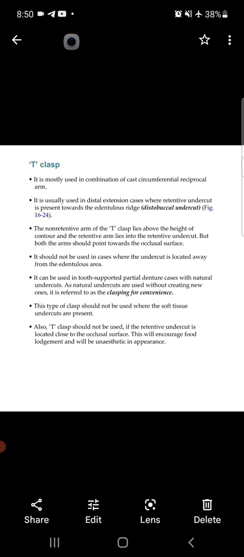Next, it is usually used in distal extension cases where the retentive undercut is present toward the edentulous ridge. That means the T clasp is used in distal extension cases where the retentive undercut is present on the distobuccal surface.